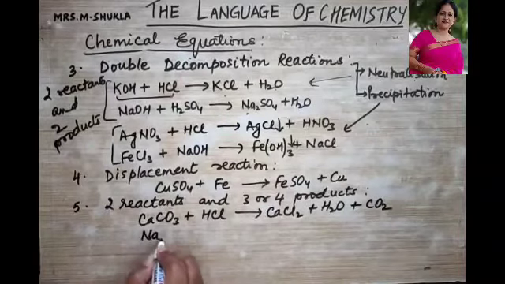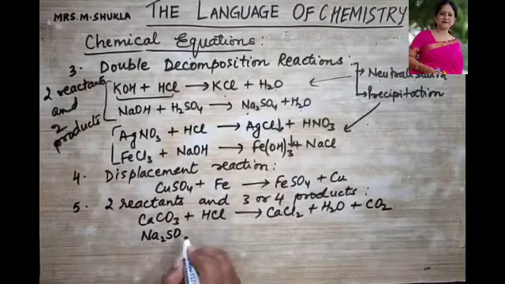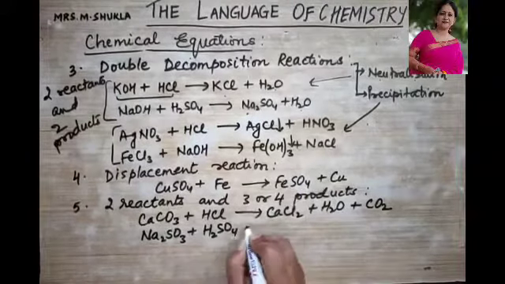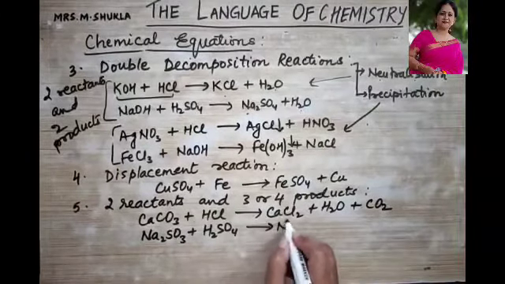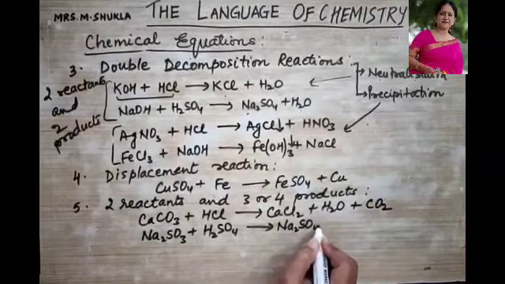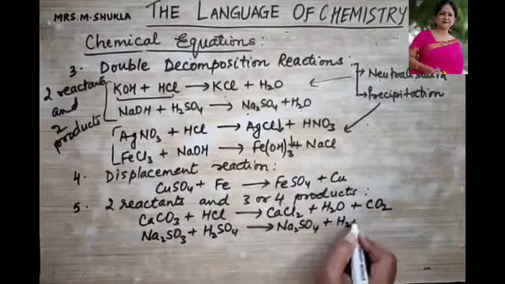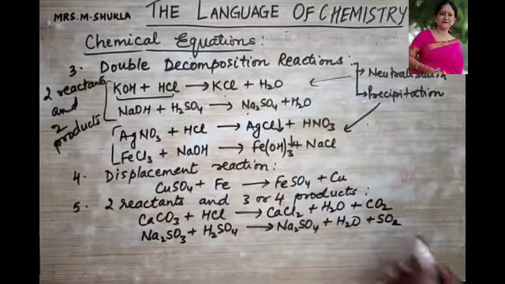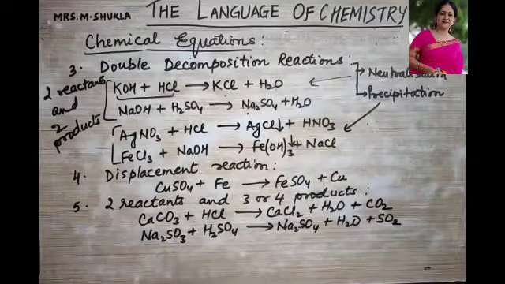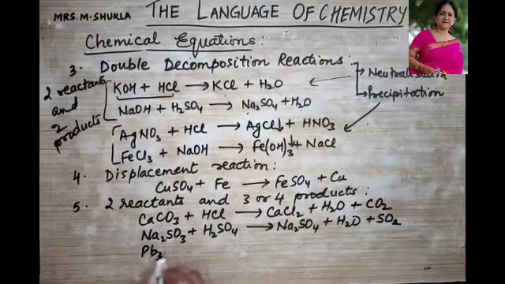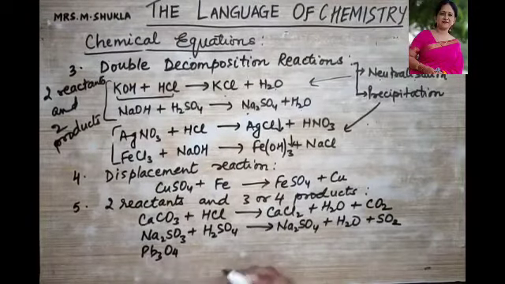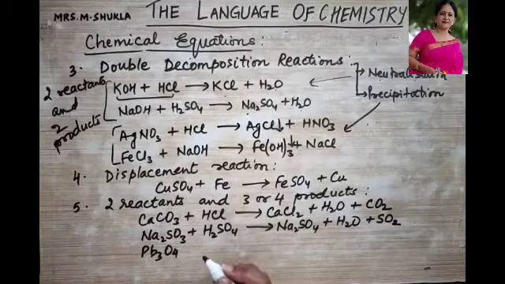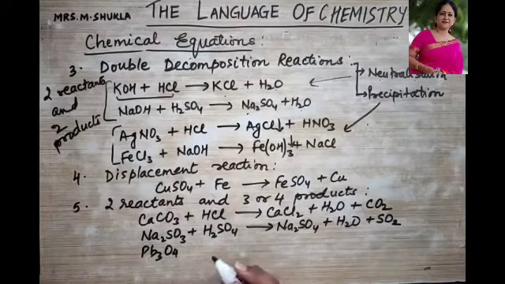Same way, Na2SO3 plus H2SO4. What is this going to give us? Na2SO4 plus H2O, and it is a sulfite, so it is going to give us sulfur dioxide. Clear? Another example, Pb3O4. Do you know what Pb3O4 is called?